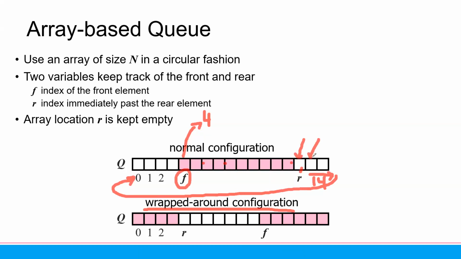We call this the wrap around configuration. If the front element is removed, then it will be empty, and it will always wrap around.